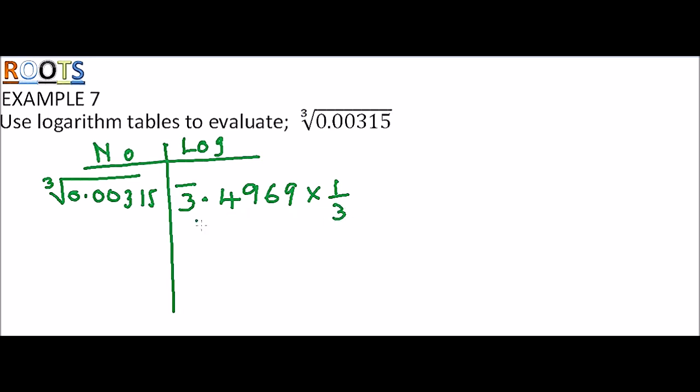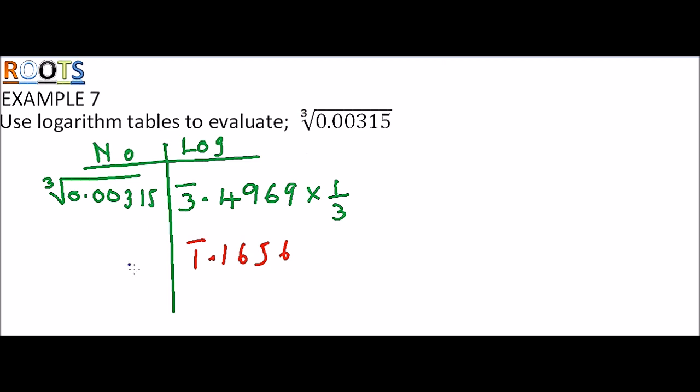Now bar 3 is divisible by 3, so we get bar 1. We get bar 1 point 04969 divided by 3, you get 1, 6, 5, and 6. So we now get the anti-logarithm.